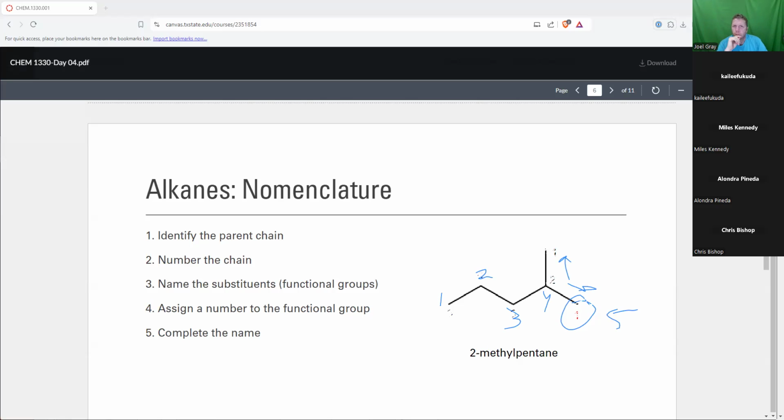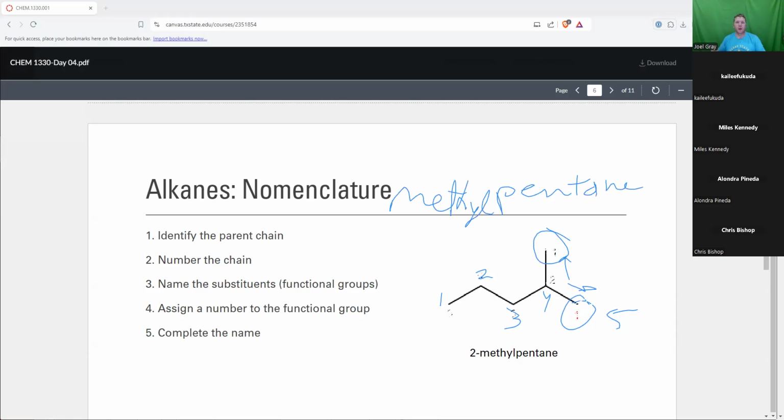We would call this pentane, because it is a 5 carbon long chain. Then we'd say, okay, off of that 5 carbon chain is a methyl group, a 1 carbon group that comes off of this. So we say methyl.